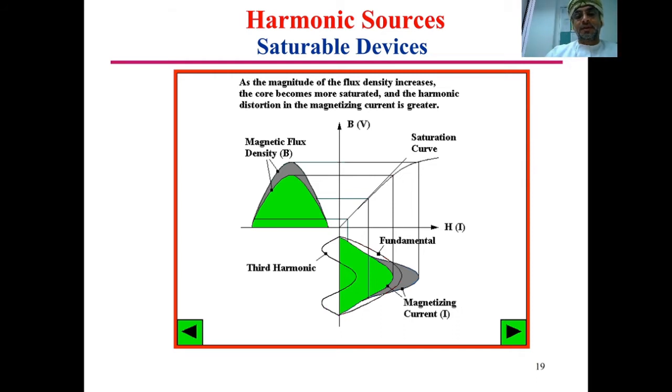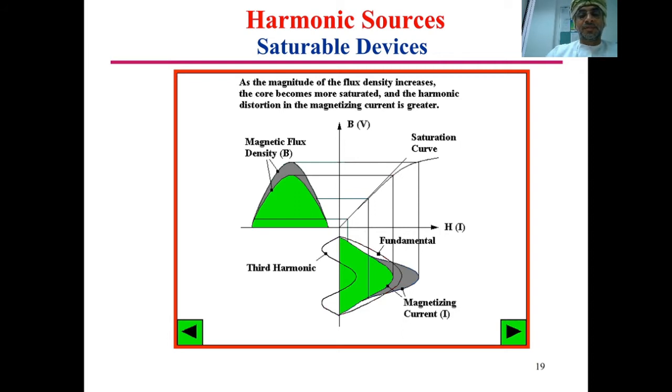If we look at the flux versus current characteristic, over here we apply a certain voltage to the transformer that will create a certain flux density. As a result, that will give a certain magnetization current.